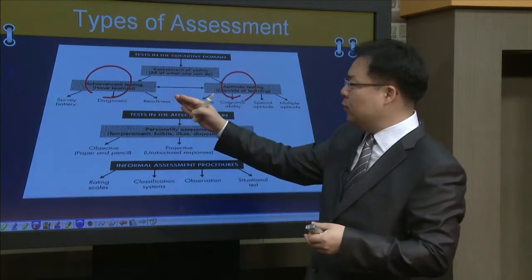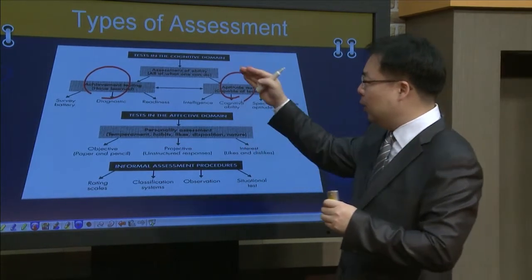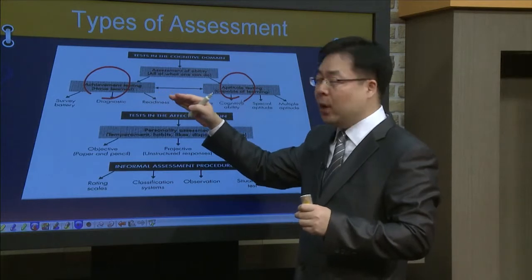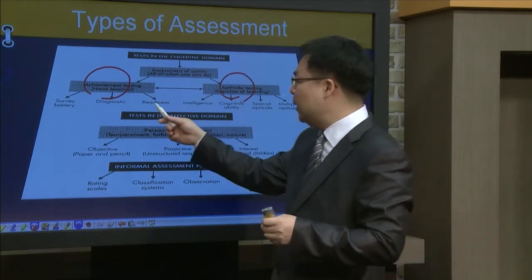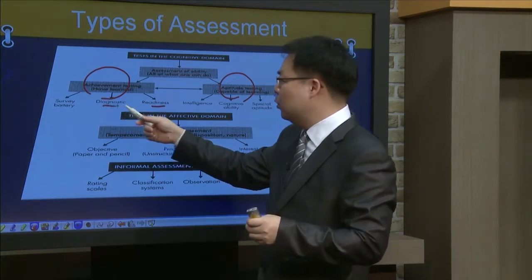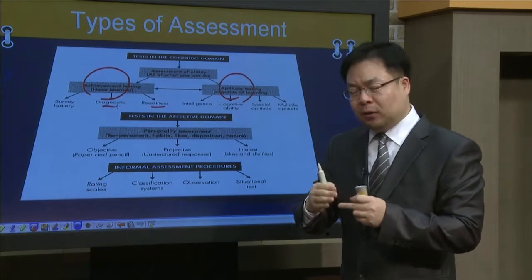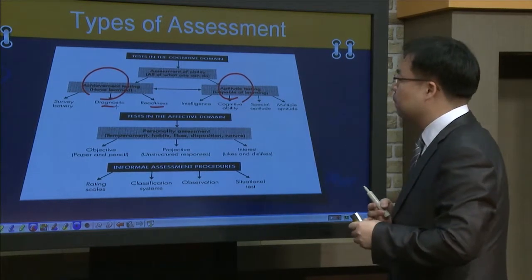So achievement testing is to identify a certain student's ability in an academic way. Sometimes you can use it to diagnose a certain level of learning disorder.